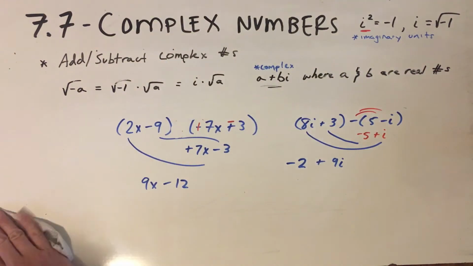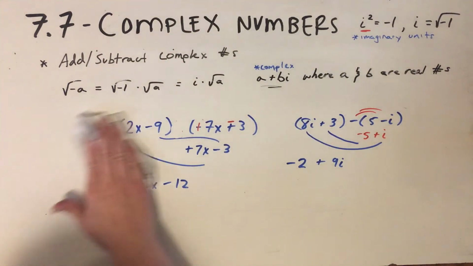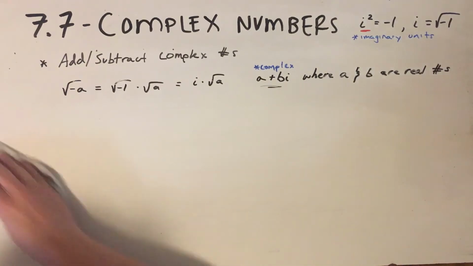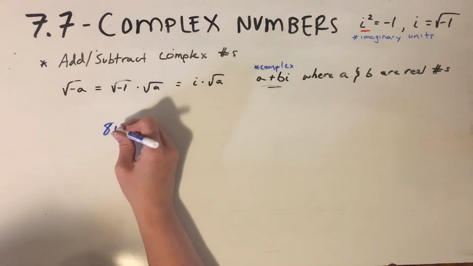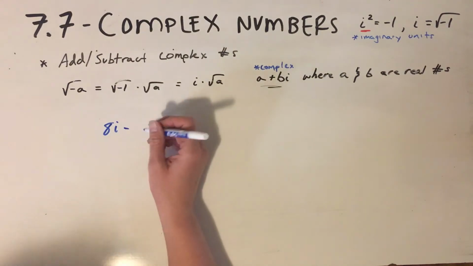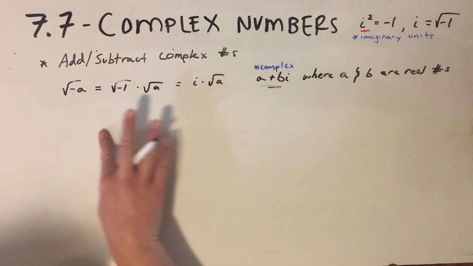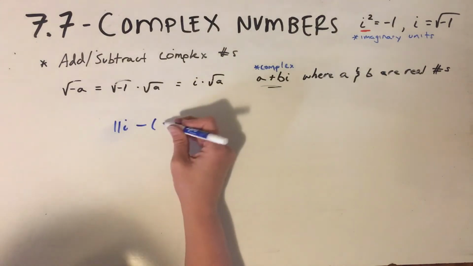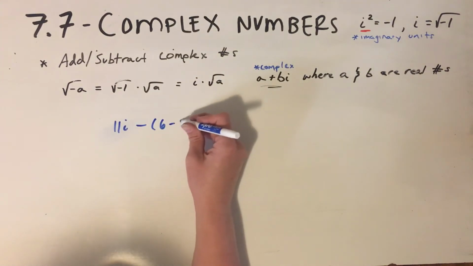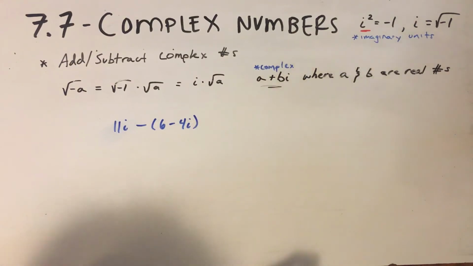We could have a couple of different examples. We could go through here. Say you have 11i and you want to subtract 6 minus 4i.